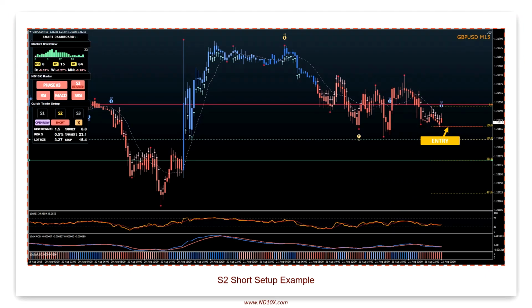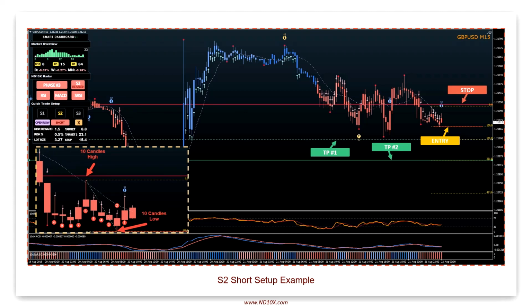Over here, we can see that low point, which will be our entry point. We have a stop, take profit 1, and take profit 2. Now, it would be ideal that you see how we are calculating that. We have our S2 as our first candle.